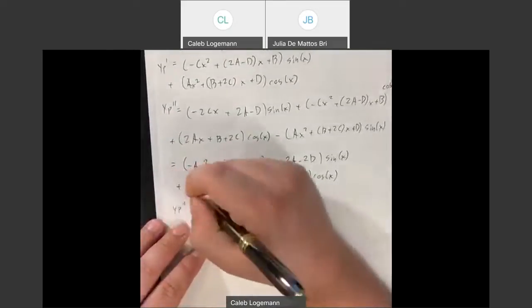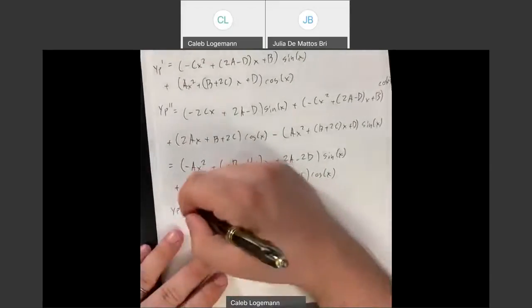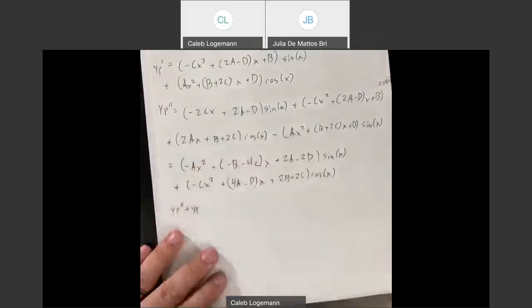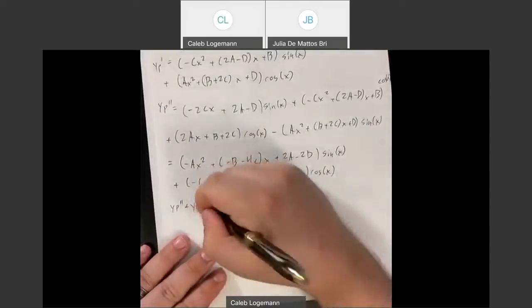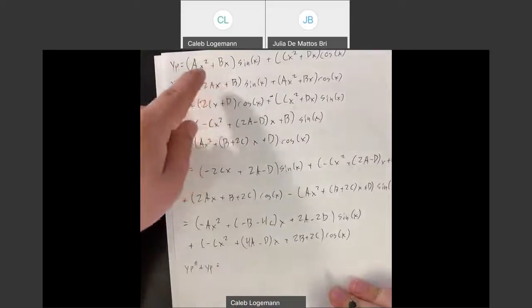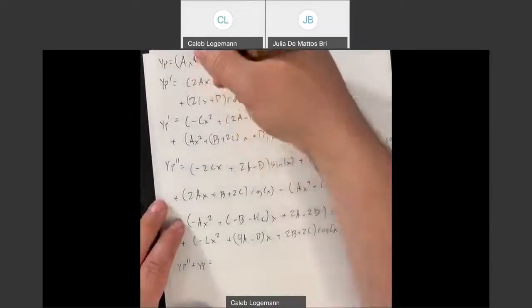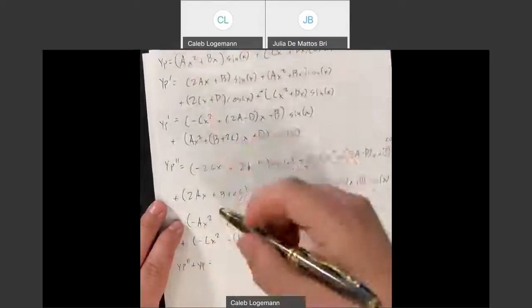So if we add then plus yp, what are we going to get here? So we're going to add x squared plus bx to the sine terms. So we have an ax squared here minus an ax squared.